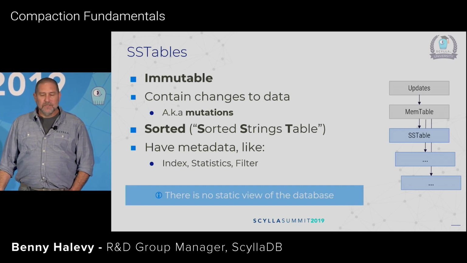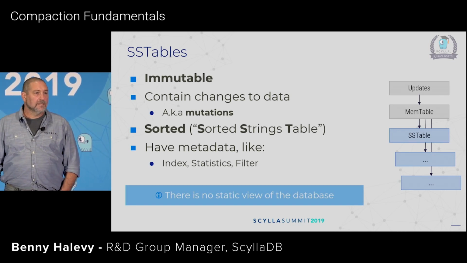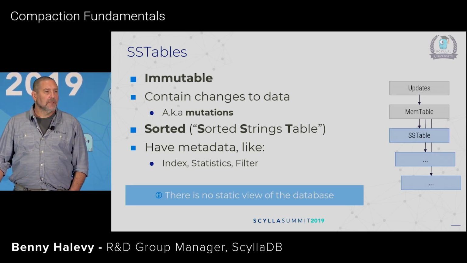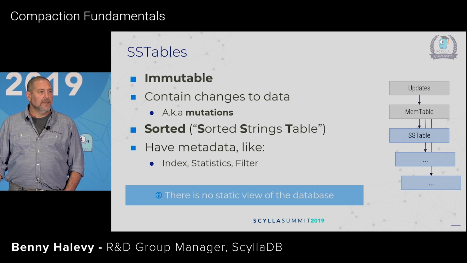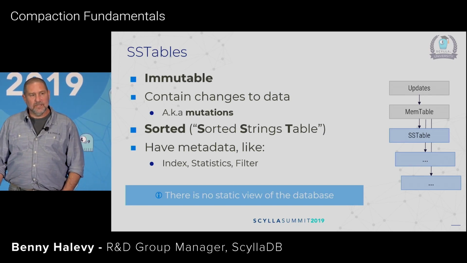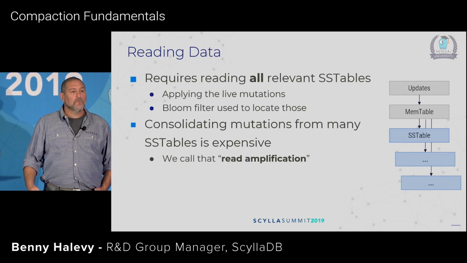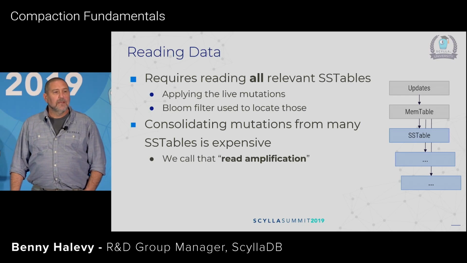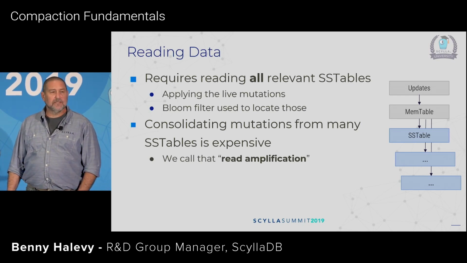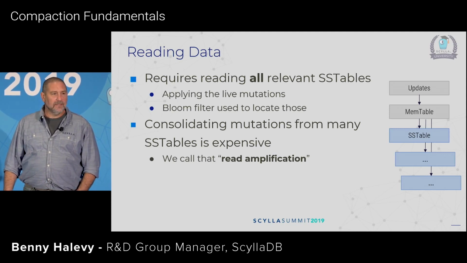Now remember, as a note, that there is no static view of the database. So unlike, say, relational databases that keep the actual information in tables on disk, we only keep the changes to the data. That means that for reading, querying the data, this requires reading all the relevant SSTables that may contain pieces or updates to the data.